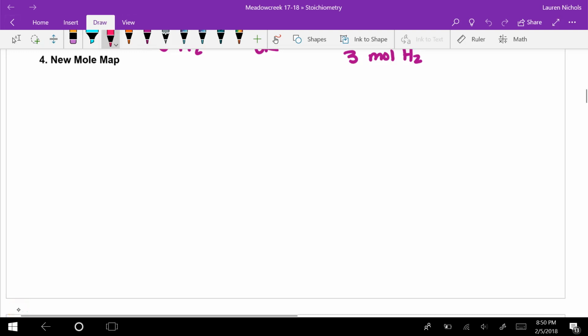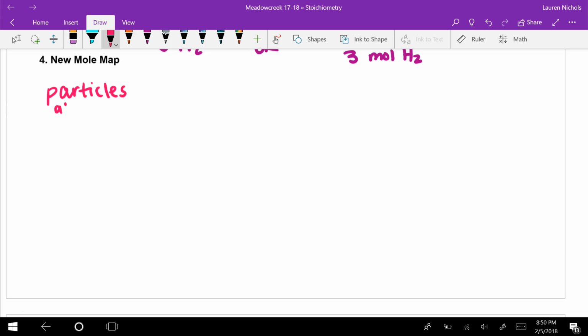Okay, so with our mole map, it's kind of a continuation of what we did in our last unit. If you haven't seen that, go back and check it out. With our mole map, we know that we are working with units of particles, which is the sciencey word for things.